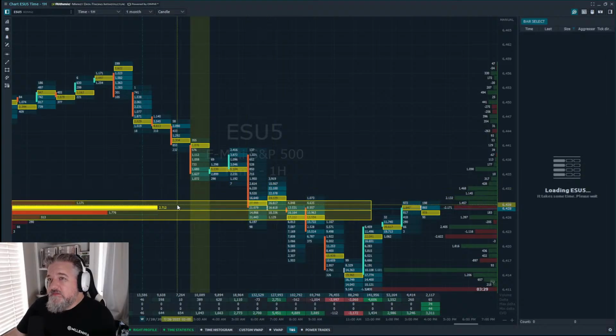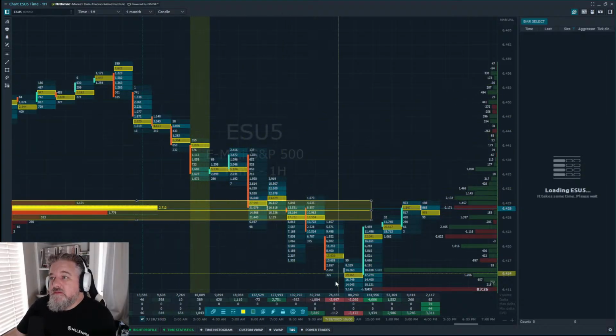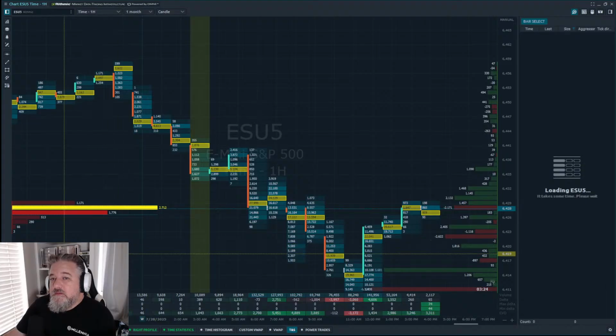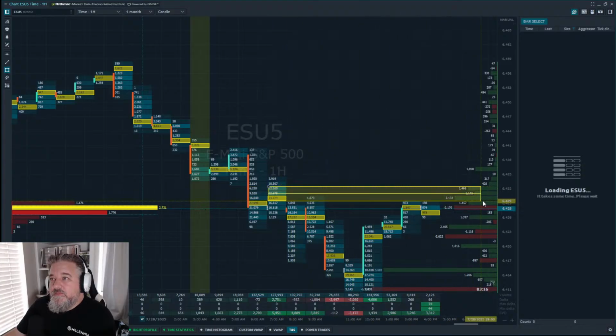Right here, so I need to delete this box. We have pretty significant selling right here. And so with that said, full body candles closing below, we retest this area. You want to be in puts or be short.